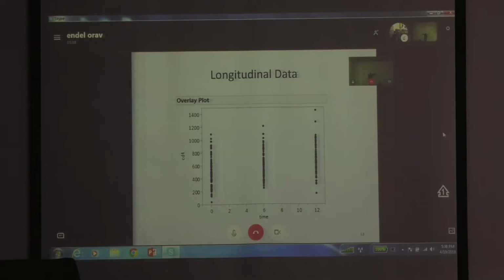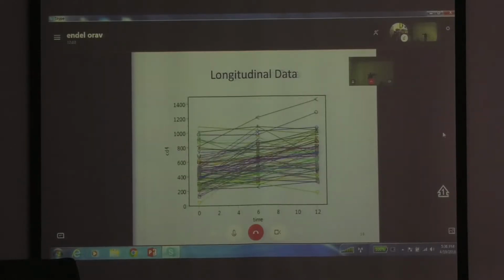At time 6, it could be an entirely different cohort of patients who were diagnosed 6 months ago and now have their CD4 counts. And for all you know, at 12, it could be an entirely different third cohort with CD4 counts measured. And so the next picture is actually the more accurate one. Spaghetti plot, if you like that term, but it gives you the correct impression of what's going on, although it's complicated.